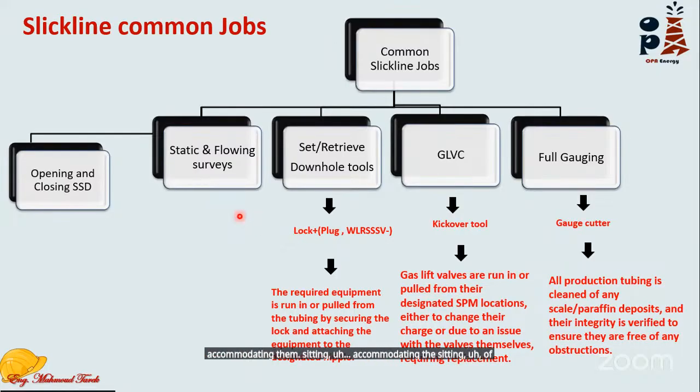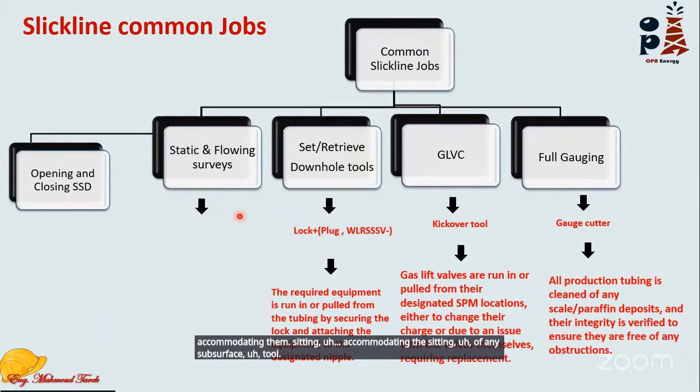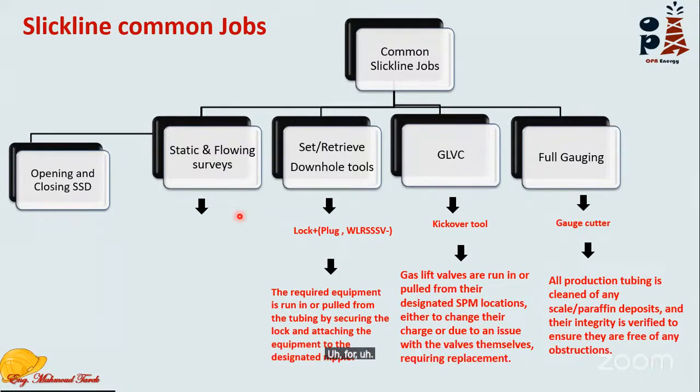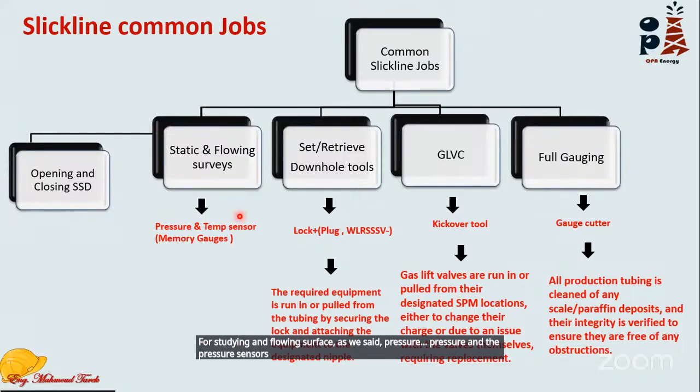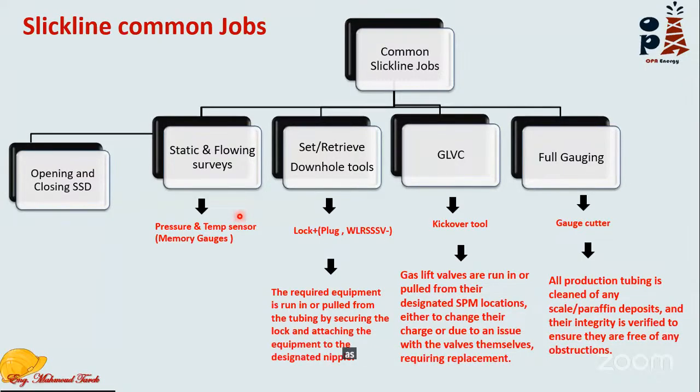For static and flowing surveys, as we said, pressure and temperature sensors, especially in memory mode. The static or flowing pressure and temperature survey can be done in live mode or memory mode. Live mode will be applied by what?